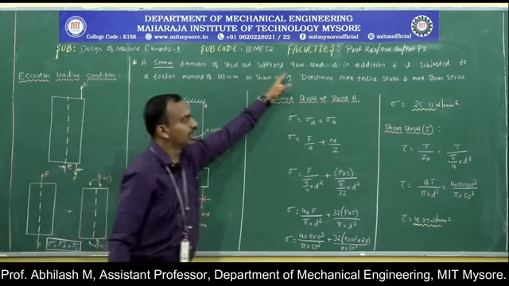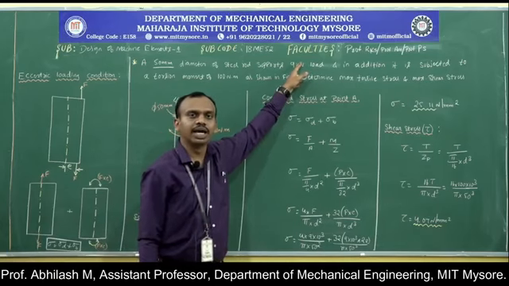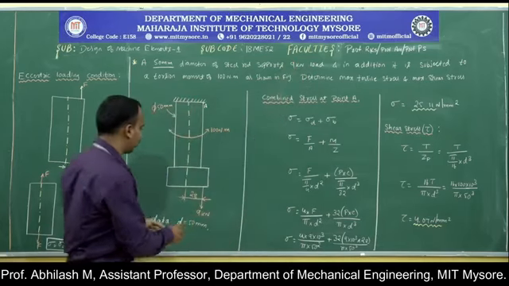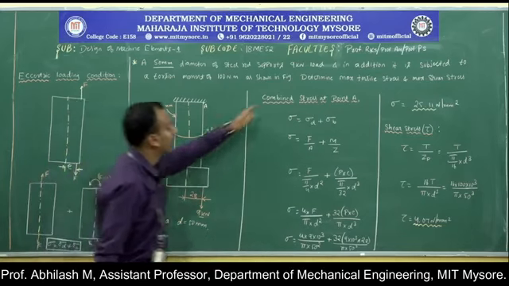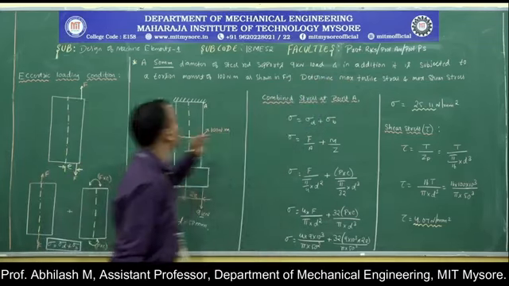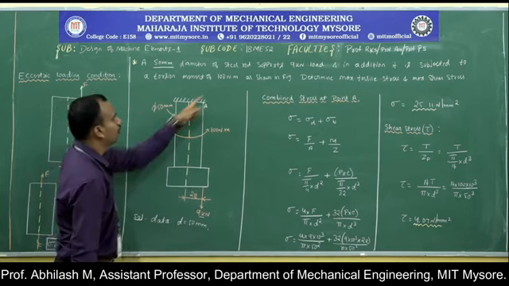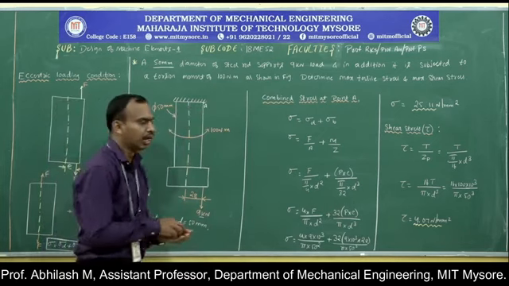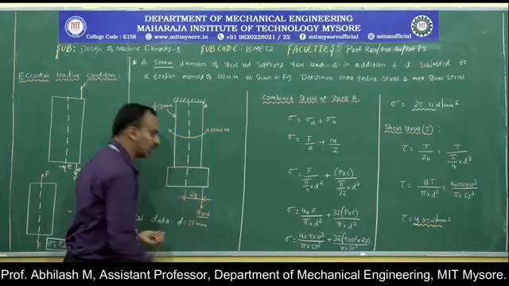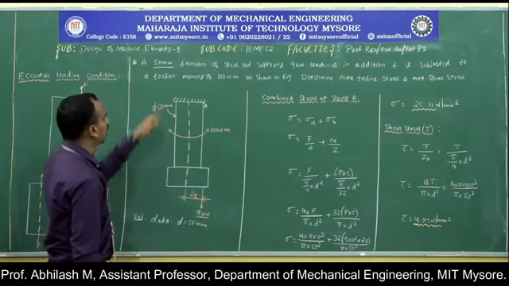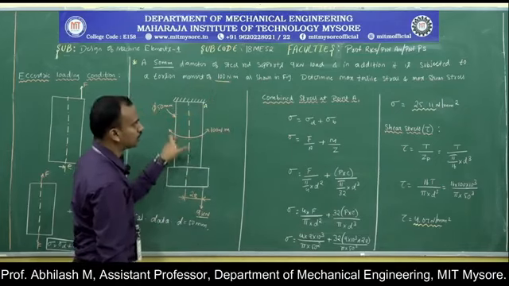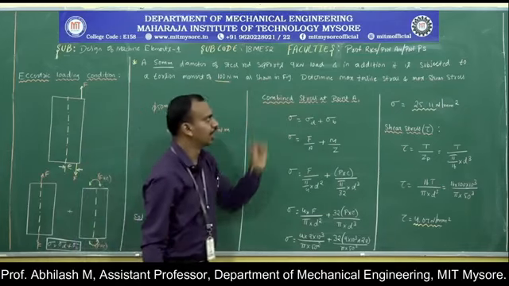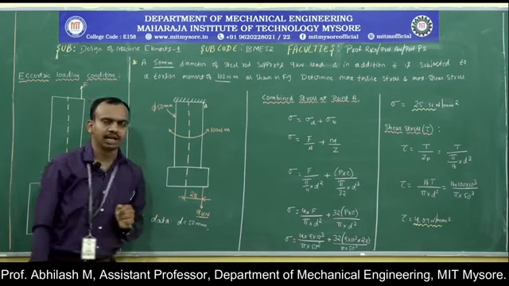It is supporting a load of 9 kilonewton, and in addition it is subjected to a torsional moment of 100 Newton meter. Along with the axial load, it is also taking up a torsional moment of 100 Newton meter as shown in the figure, and we are supposed to determine the maximum tensile and maximum shear stress.